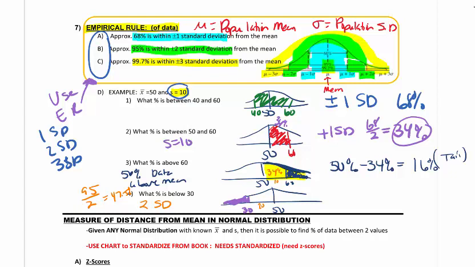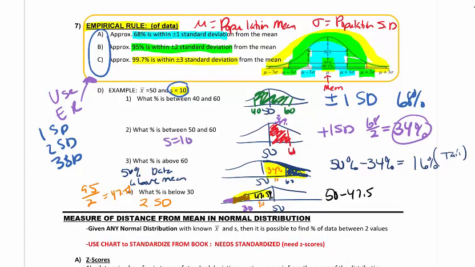Now be careful. This is the 47.5. We subtract off 50%, because that's the whole piece. This whole thing here is 50%. So we're subtracting off the 47.5, and that's going to give me my tail, which is 2.5%.